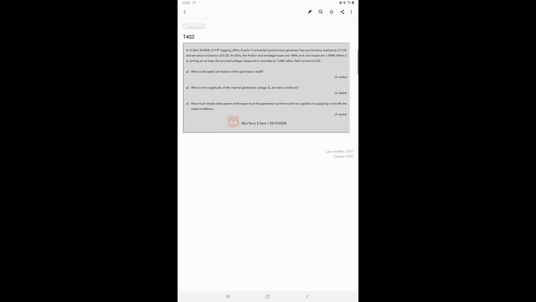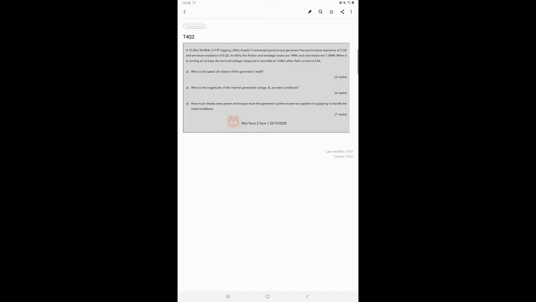So this synchronous generator is rated at 13.8 kilovolts. It has 50 MVA power, 0.9 power factor lagging, operating at 60 Hertz. It is 4-pole and Y connected to the mains, and has a synchronous reactance of 2.5 ohm and armature resistance of 0.2 ohm. At 60 Hertz, the friction and windage losses are 1 megawatt and core losses are 1.5 megawatt.